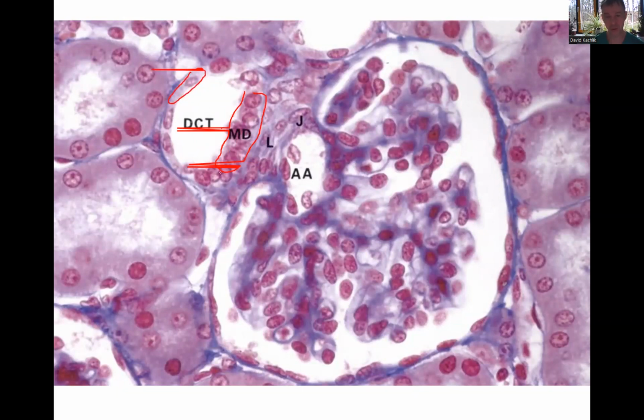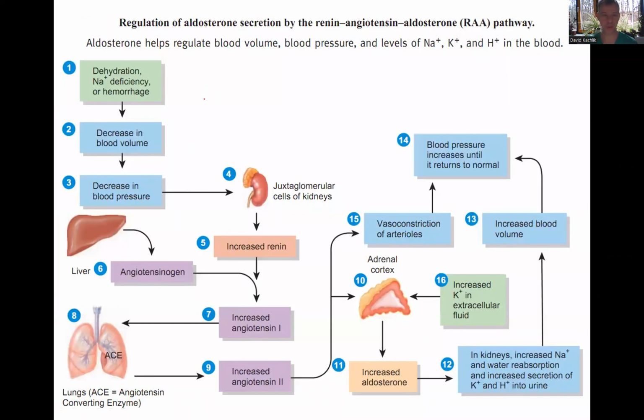The rest of the tubule is not so dark. Then the extraglomerular cells or Lacis cells, and then the granular cells in the wall of the arteriole. So that's the whole juxtaglomerular system, which produces renin.